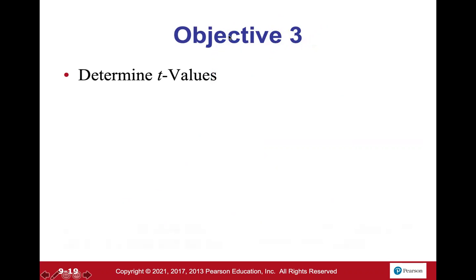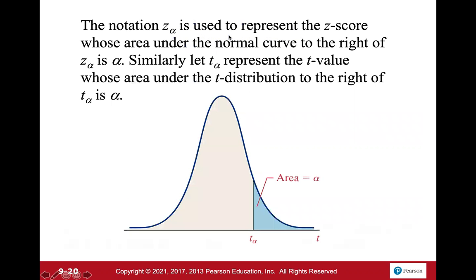And now, finding t-values. Now we're looking at the relevant information for this section. The notation z sub alpha is used to represent the z-score whose area under the normal curve to the right of z sub alpha is alpha. Similarly, let t sub alpha represent the t-value whose area under the t-distribution to the right of t sub alpha is alpha.